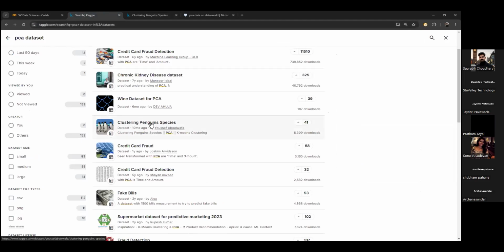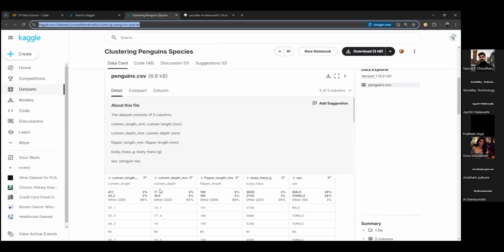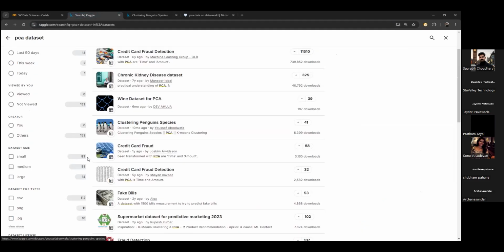But here it is written clustering penguin species. Yeah, we don't have species here. Total is 5 columns. There is no species column. So sex you have to determine. Okay, let's use this.